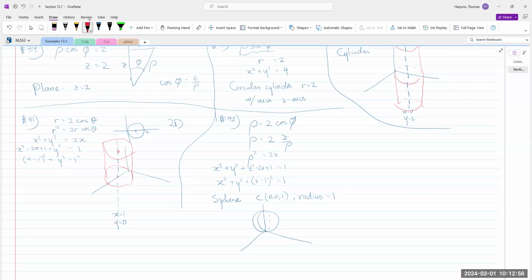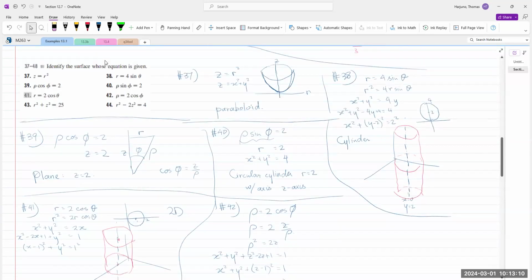Let me draw the cross section. The center is here, and the center is (0, 0, 1). That's for number 42.